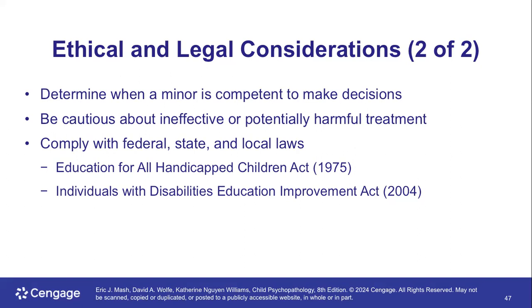In order to get licensed in a state, many states have a legal or jurisprudence exam to make sure you're familiar with the basic laws of the state, because sometimes that which is intuitive could be a breach of some form of federal, state, or local law. We don't want to do that. And here are a couple examples of legislative acts that are designed to protect children and adolescents with psychological impairments.